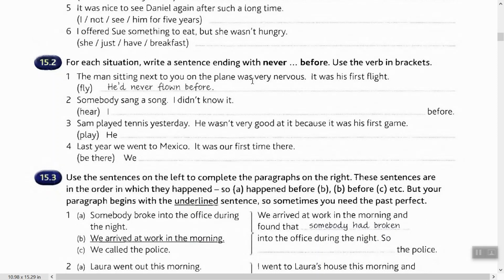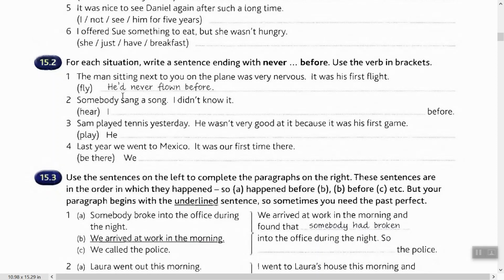He was very nervous. It was his first flight. So what I have to say is he had never flown before, meaning he hadn't flown before that hour.